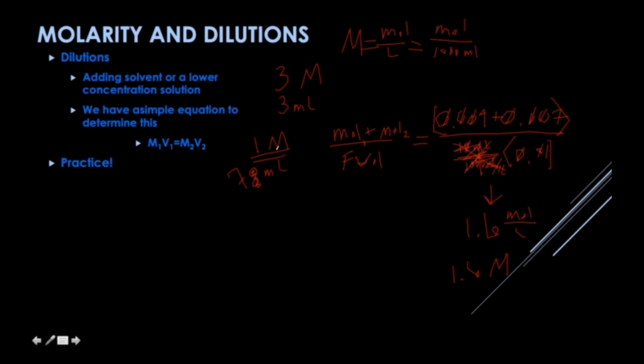No matter how much of the 1 molar solution I add to this 3 molar, I can't make the molarity go up because I'm adding something less to something more, and vice versa. No matter how much of this 3 I add to this 1, I can't go below 1 because that's the lowest amount I have. So I have to be between these two numbers.